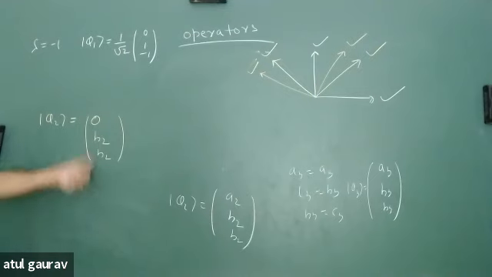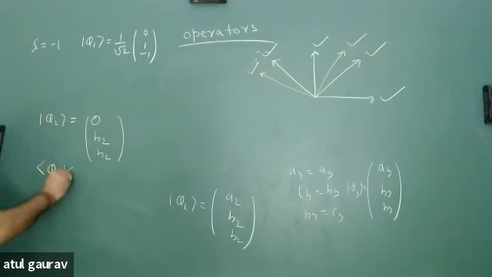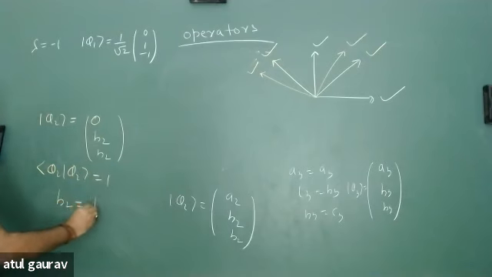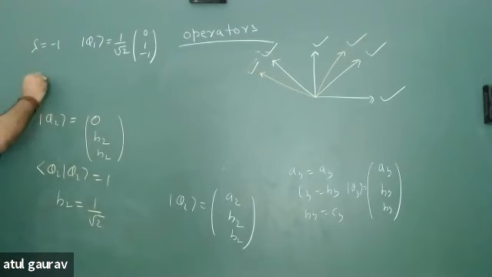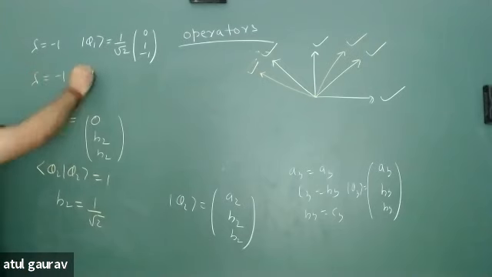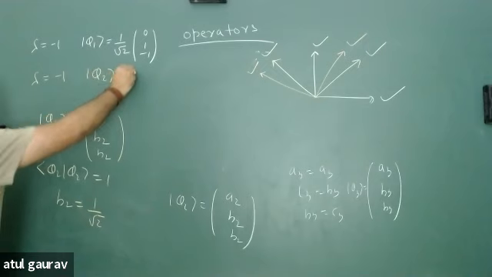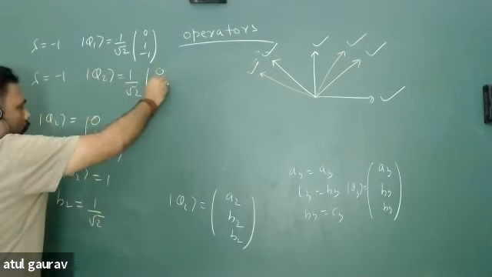And I can find b2 with the normalization condition. So the norm of phi 2 is equal to 1. So from here b2 is equal to 1 by root 2. So for lambda is equal to minus 1, the phi 2 is equal to 1 by root 2, 0, 1, 1.